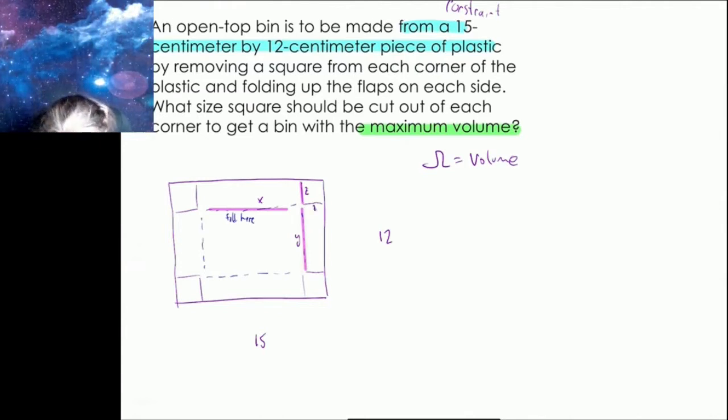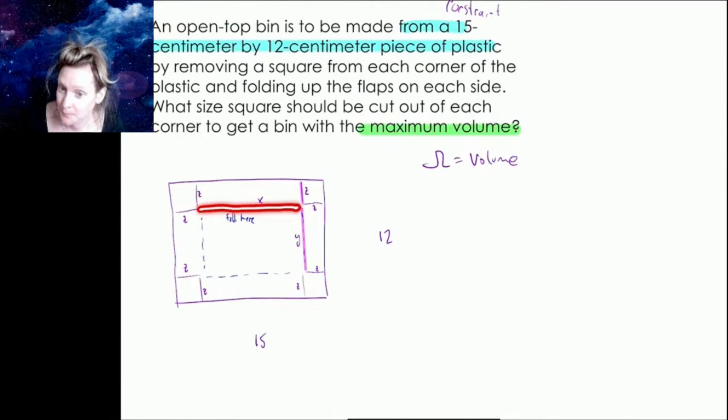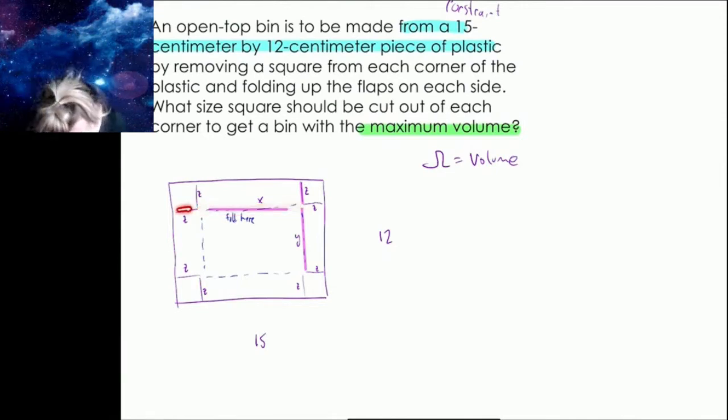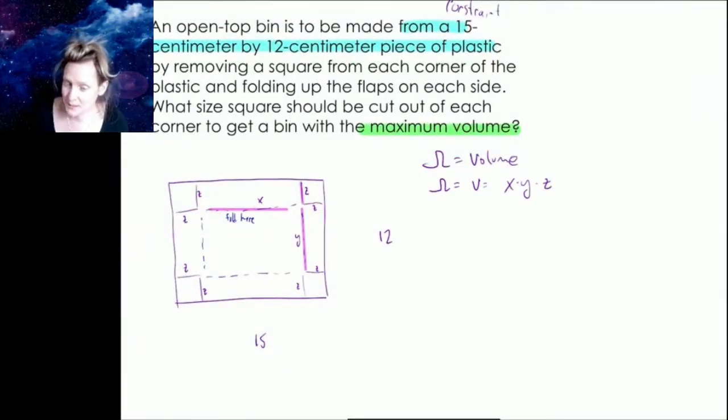So I have z's everywhere in these corners. Then x is only the distance on the inside of the cutouts. So z determines x. So the volume is x times y times z.